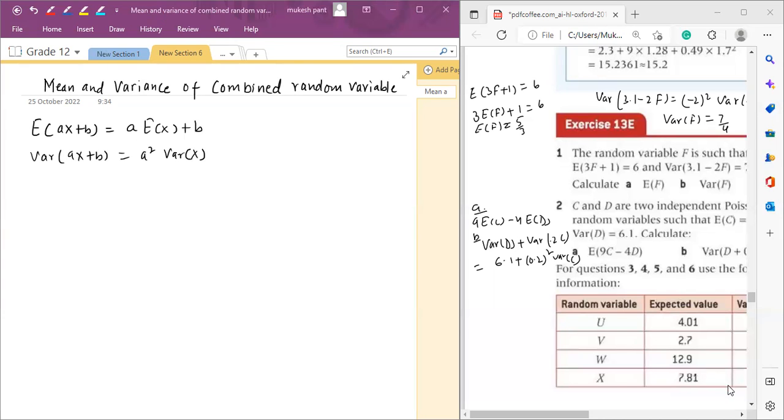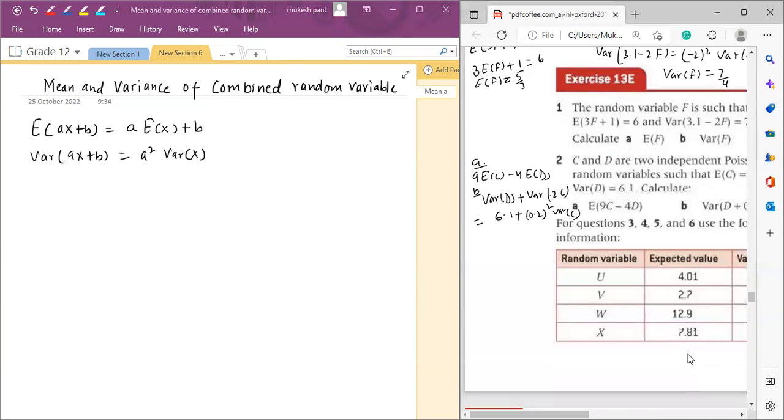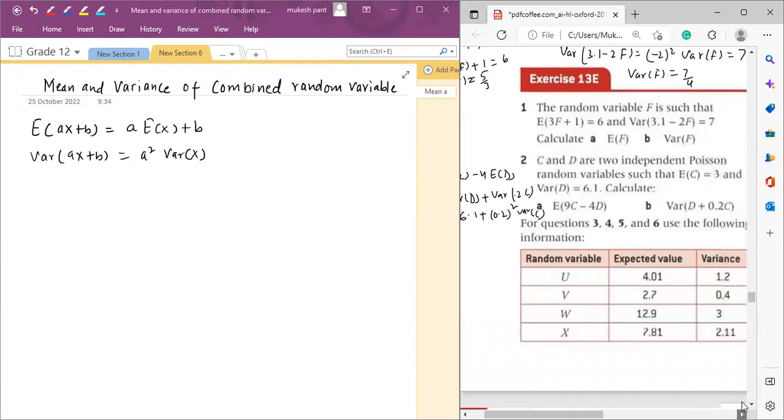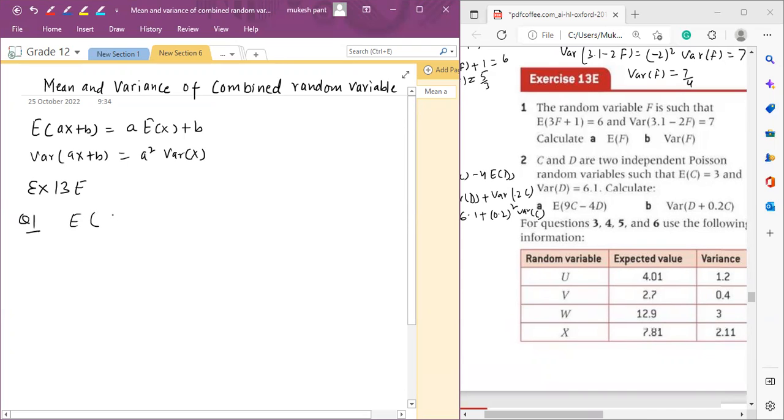Okay, we will take some examples. Let's start from question 1, part E. We have a random variable F such that the expected value of 3F plus 1 equals 6, right?